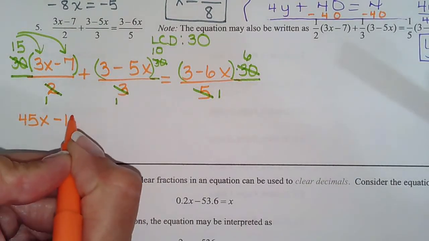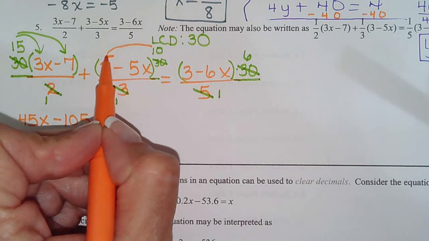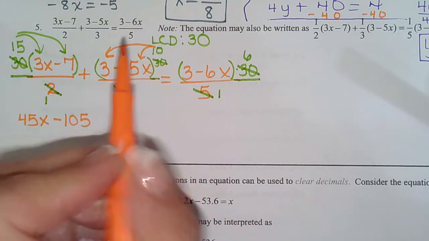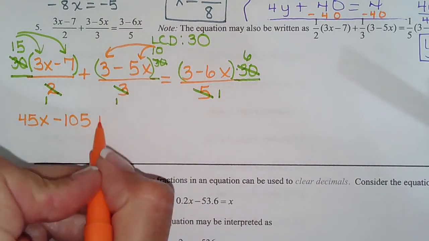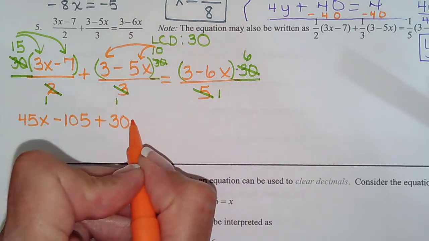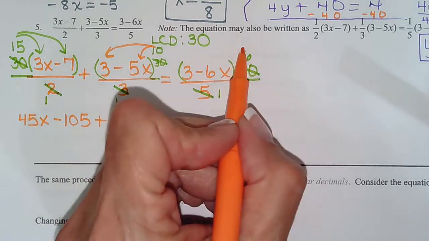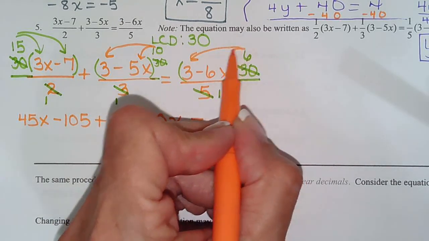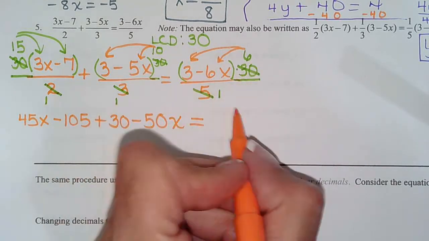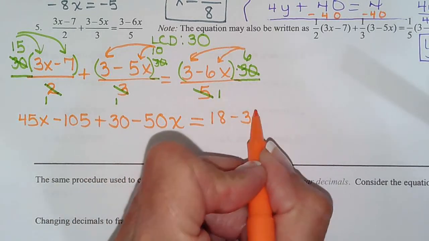Minus 105. And then we're going to distribute the 10 plus 30 minus 50x equals, then we're going to distribute the 6. 6 times 3 is 18 minus 36x.